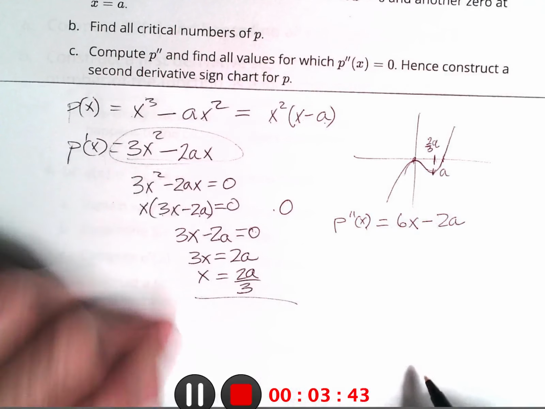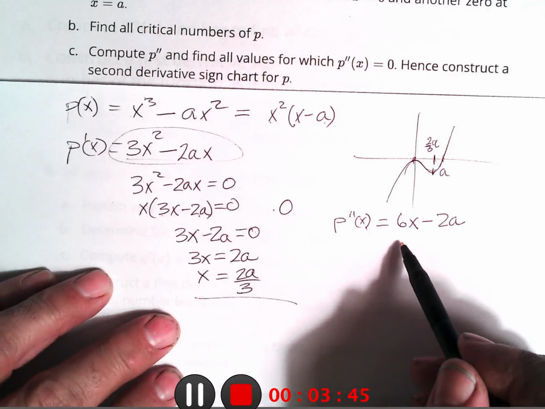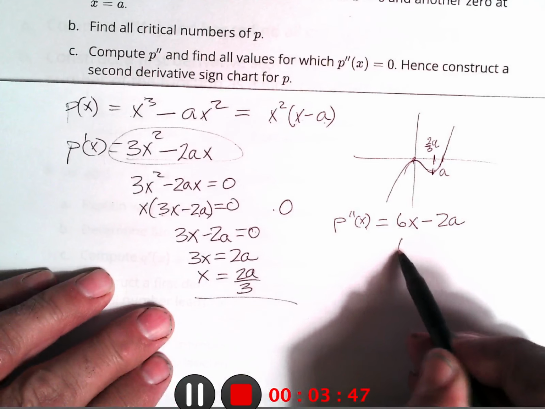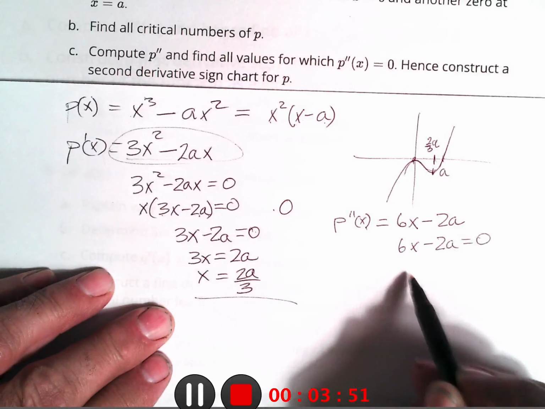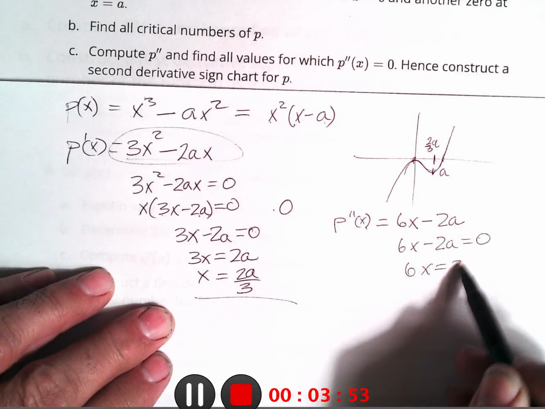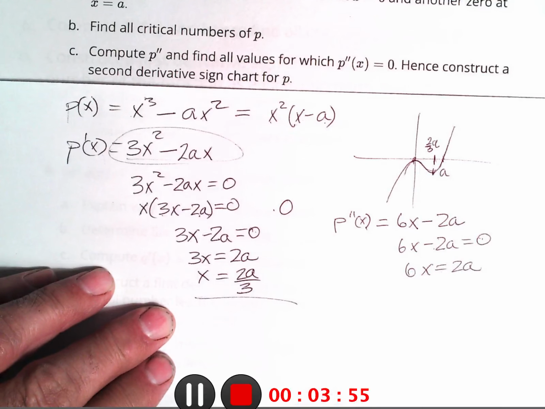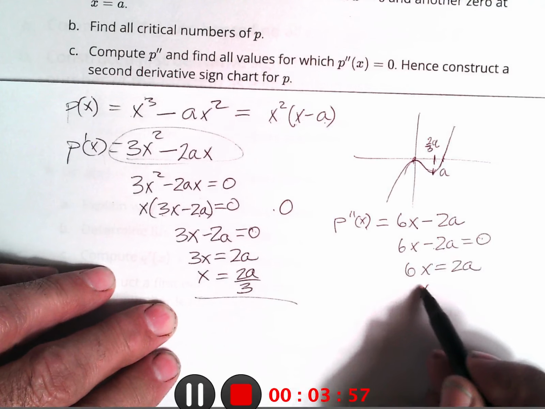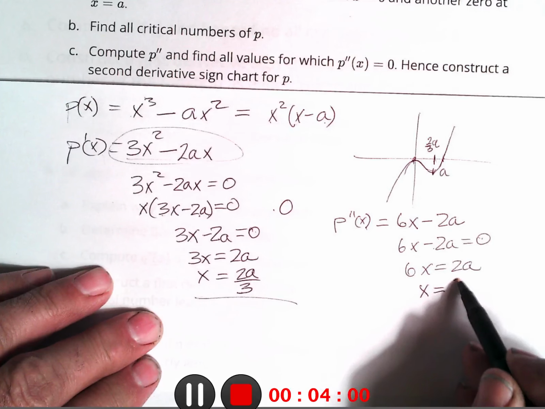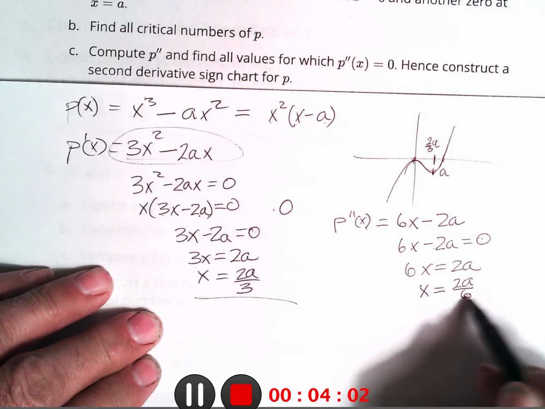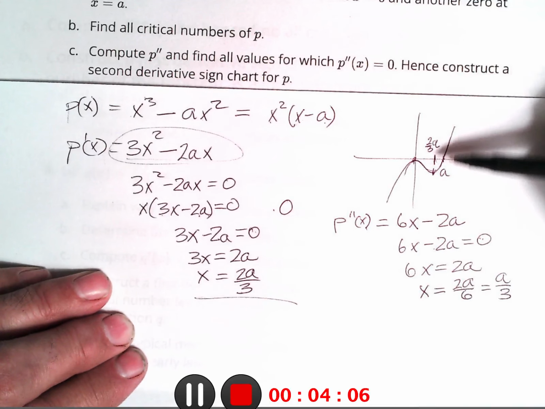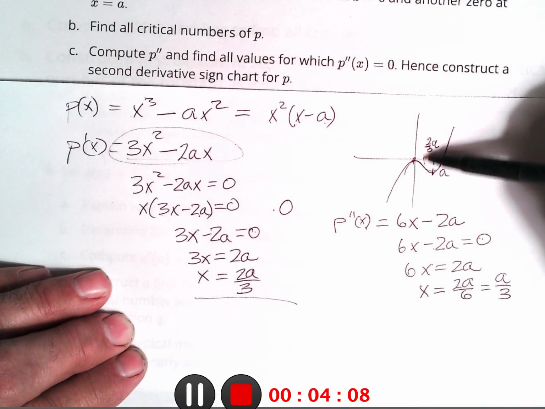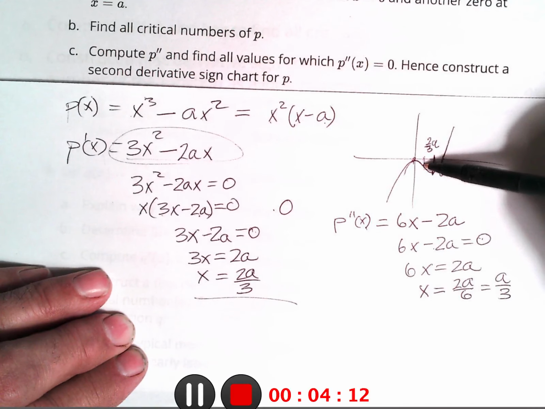And if we set that equal to 0, 6x minus 2a equals 0 means 6x has to equal 2a, adding 2a to both sides, dividing by 6, and x equals 2a over 6, or a over 3, which means at 1/3 of a, here's a, there's 2/3, 1/3 of a is where we have an inflection point.